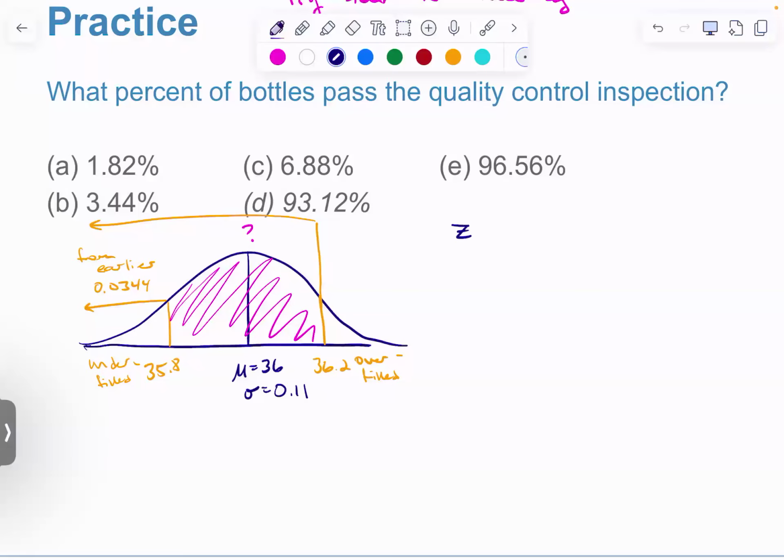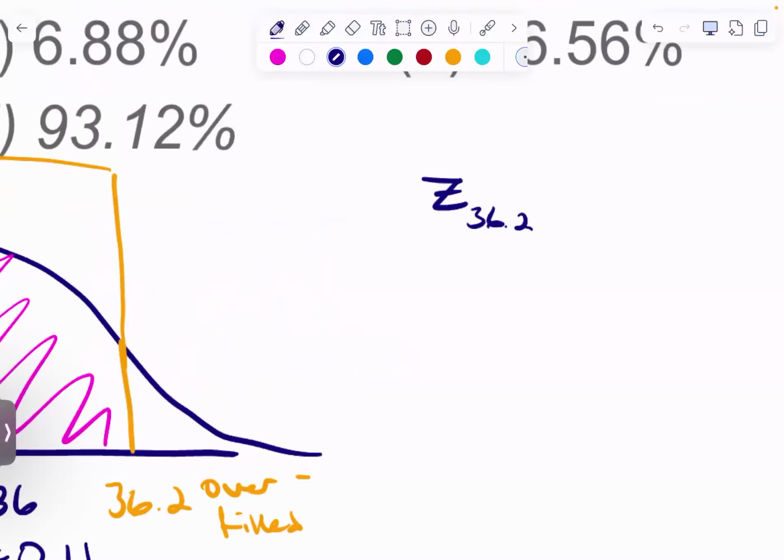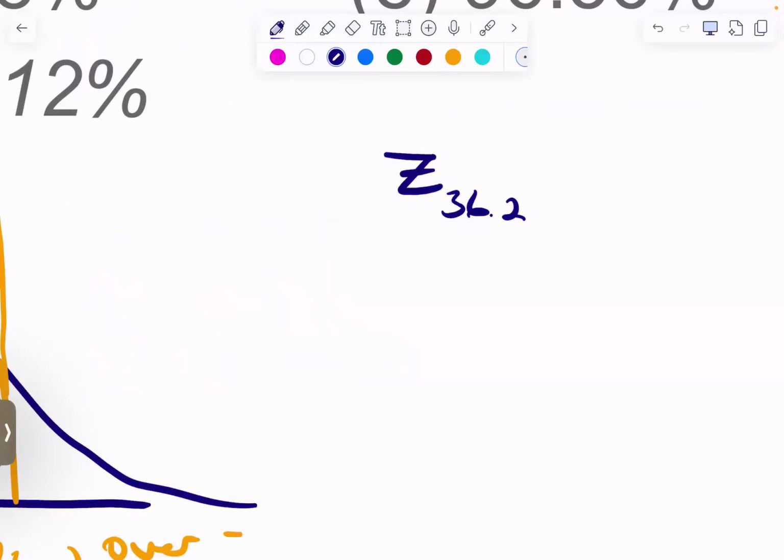So Z of 36.2. Sometimes if we have multiple Zs that we're working with, I put a little subscript on there, Z upper, Z lower, that kind of thing. It's really just for you to remember.